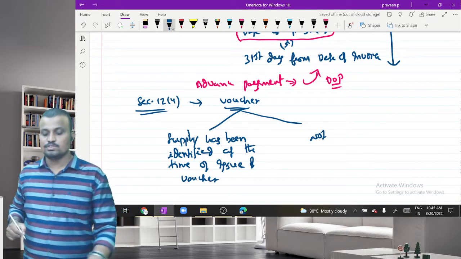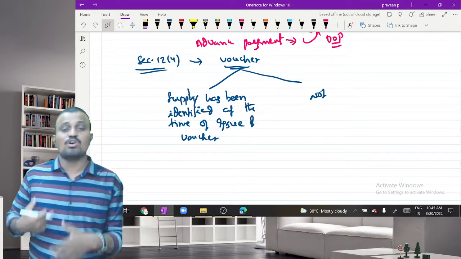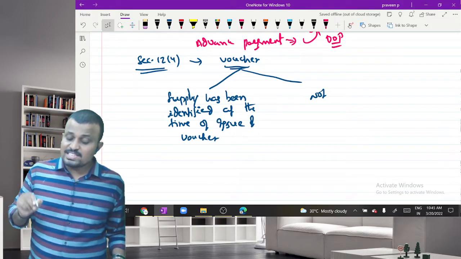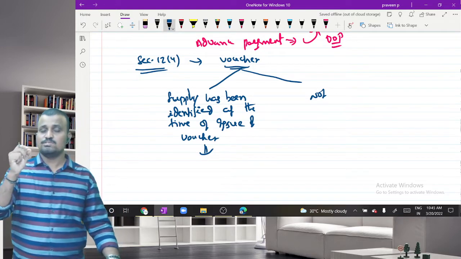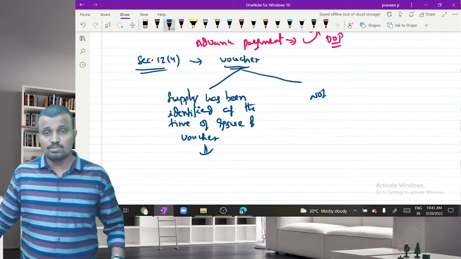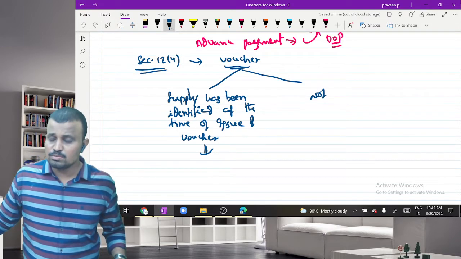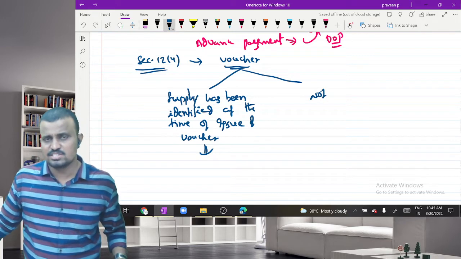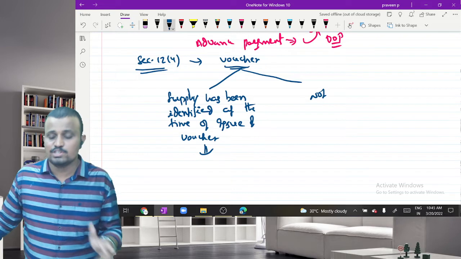If the supply is identified at the time of issue of voucher, for example, you received a shirt coupon, then by using the shirt coupon, which item can you purchase? Only shirts. We can identify the nature of the supply at the time of issue of voucher.